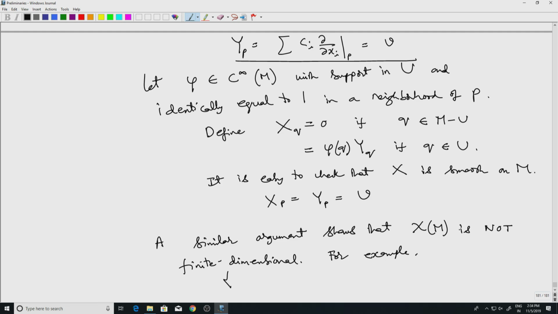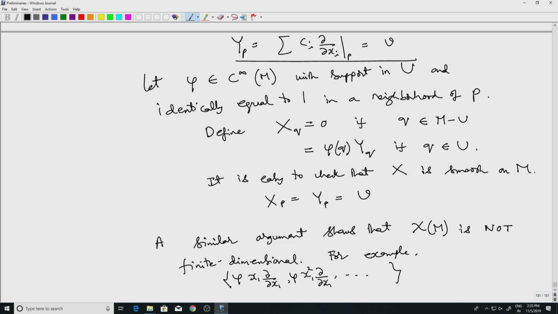So here I can just take x1 times del by del x1, x1 squared times del by del x1. Everywhere I have to multiply by this phi, etc. This multiplying by phi will give a vector field on all of M.